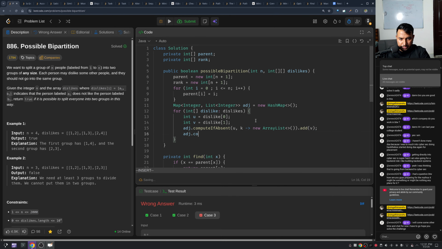And then add stored computeIfAbsent v, new array list, add u.